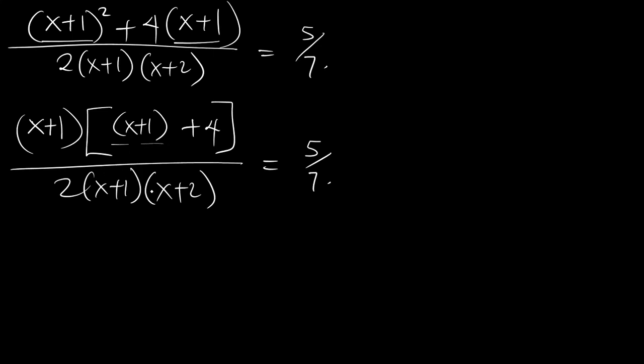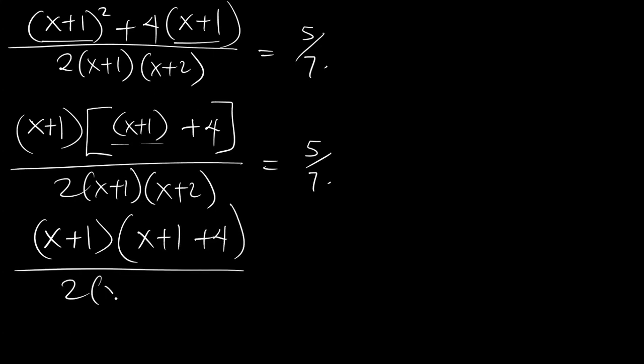Now we can just open up this bracket. You now have (x plus 1) times (x plus 1 plus 4) divided by 2 into (x plus 1)(x plus 2) equal to 5 over 7.